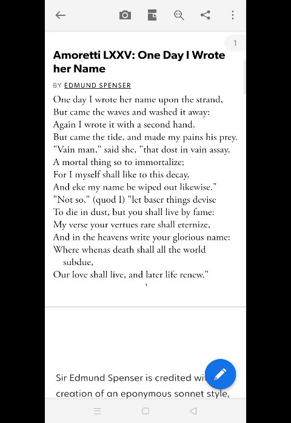And again we also find a symbolic element in the waves, and the waves and their act of washing his writing away also symbolize the inevitability of time or nature, the circle of nature.